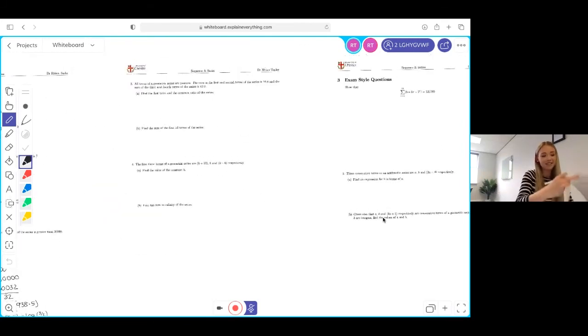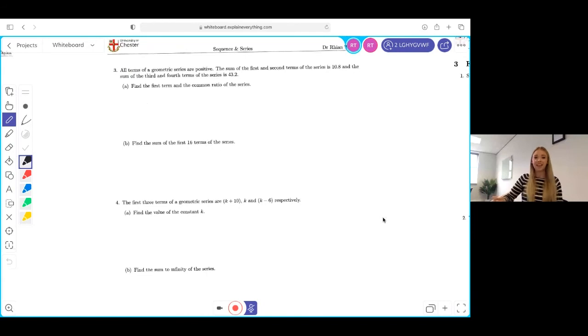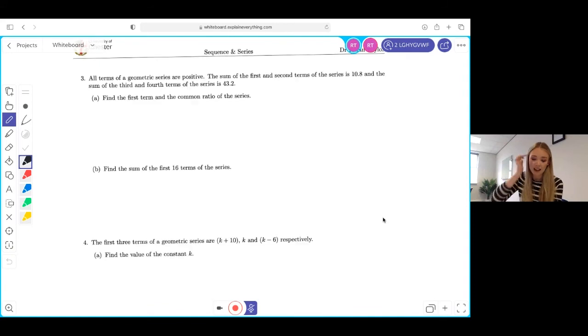The next one that we have is more simultaneous equations with some different ways of solving them. So we have all the terms of a geometric series are positive. The sum of the first and second terms of the series is 10.8. So I'll write that in the equation first.